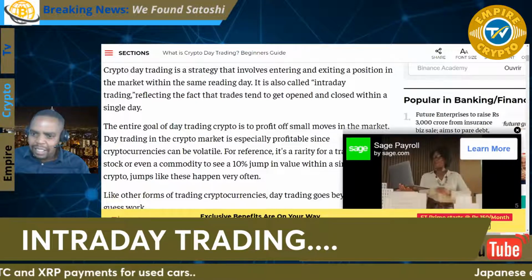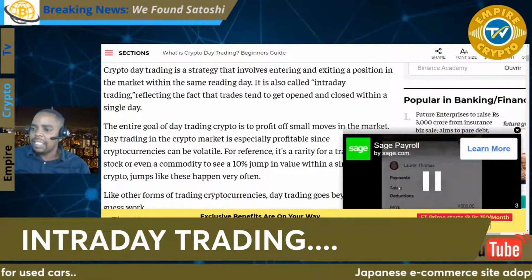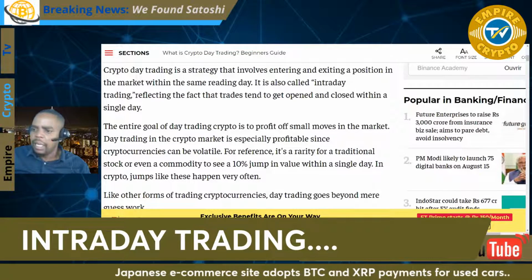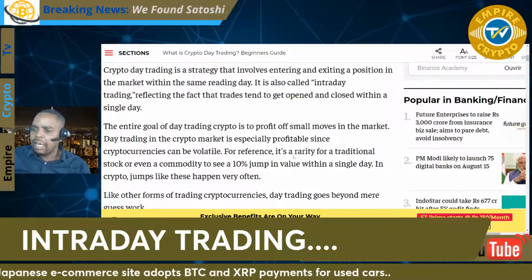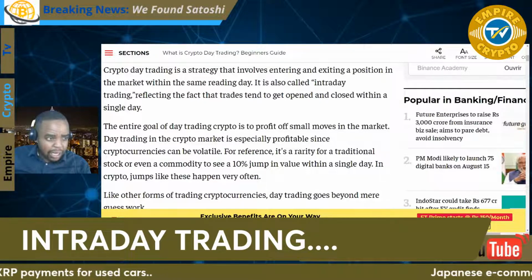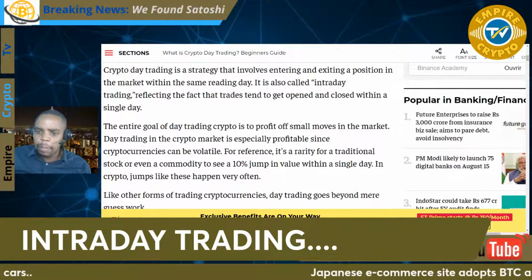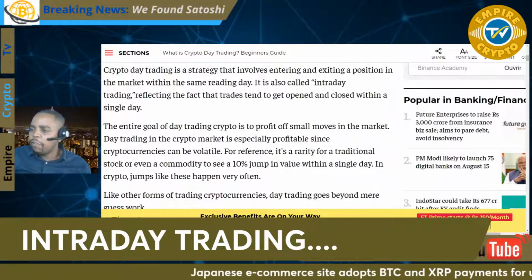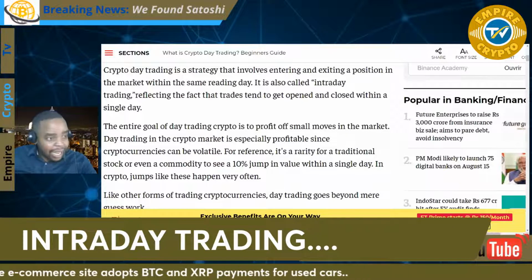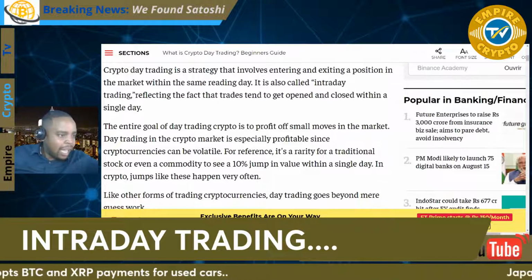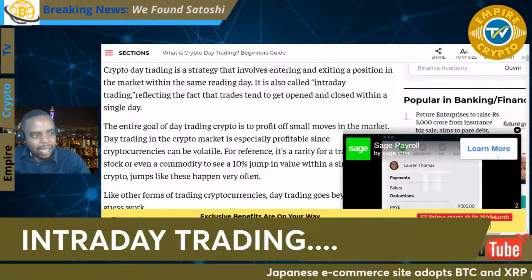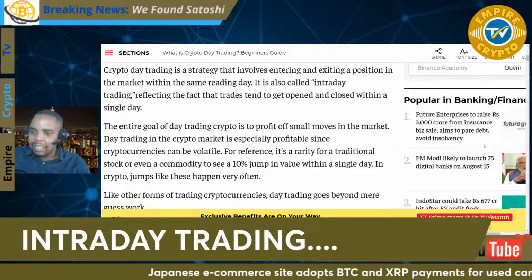Day trading in the crypto market is especially profitable since cryptocurrency can be volatile. Okay, for reference, this is another very important piece of information: it's a rarity for a traditional stock or even a commodity to see a 10% jump. For other markets, it might be a different effect than from another market like cryptocurrency.